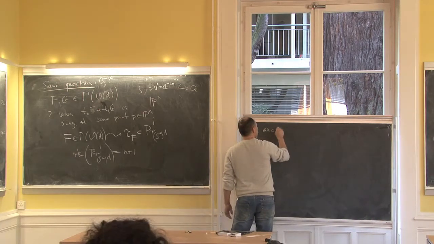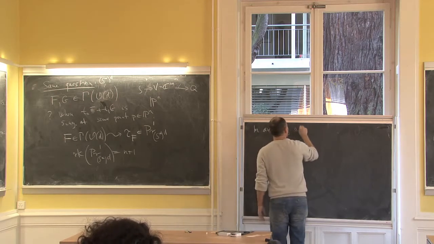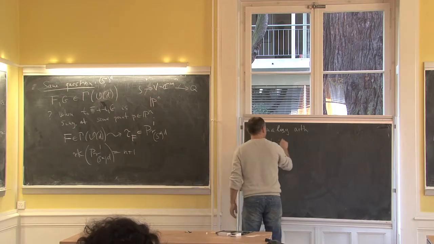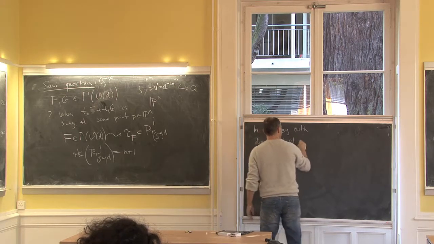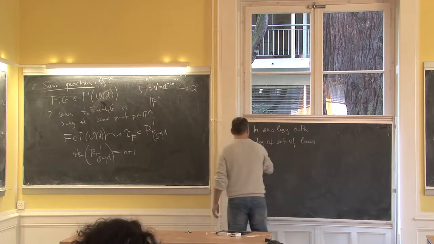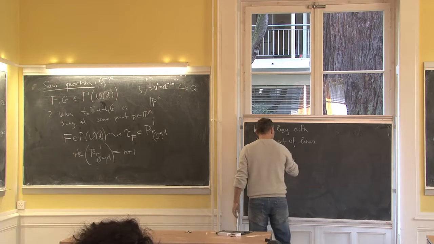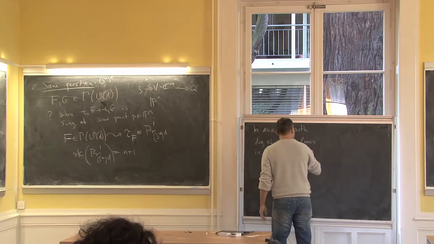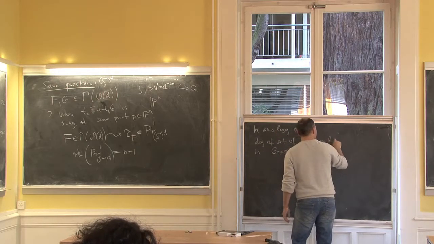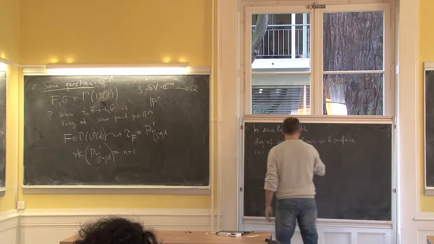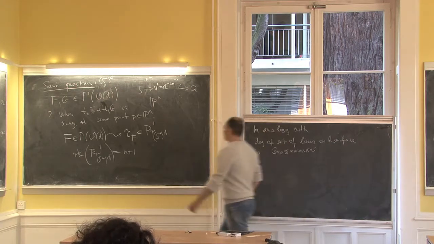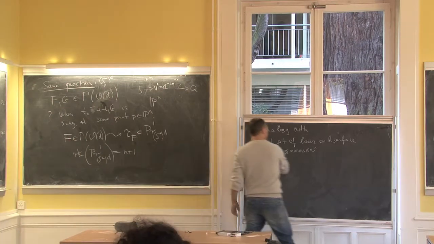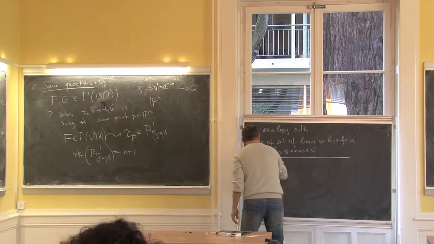So let me just write this down. In analogy with the degree of the Fano variety of lines, the set of lines on a hypersurface in the Grassmannian, now we do the same thing. We will represent now the singular locus in Pn. We would like to do the following.